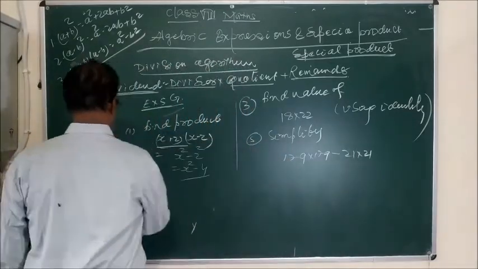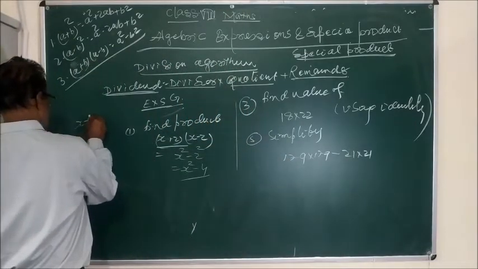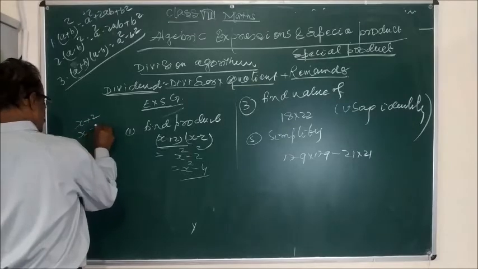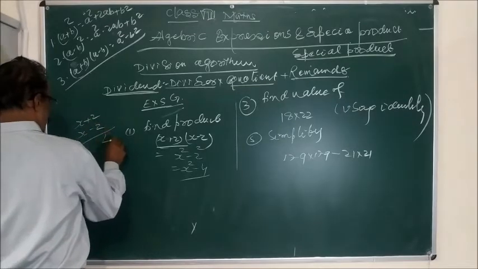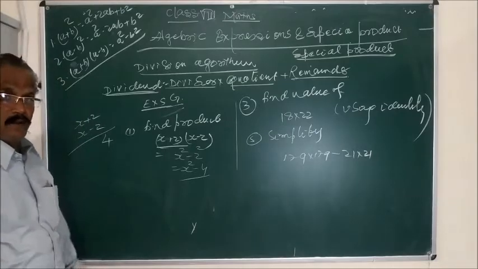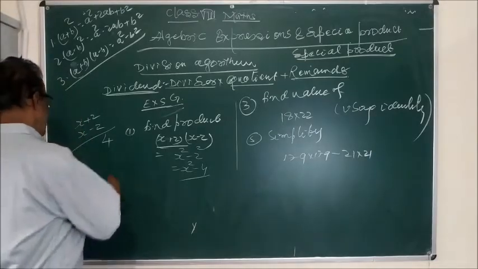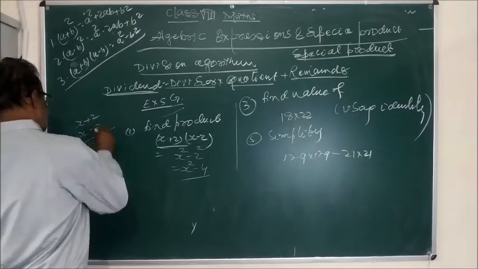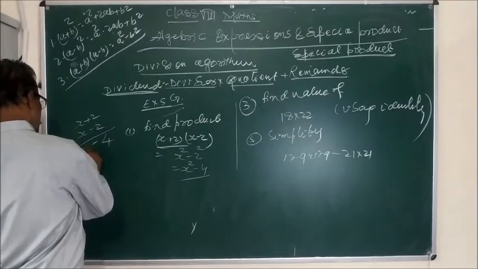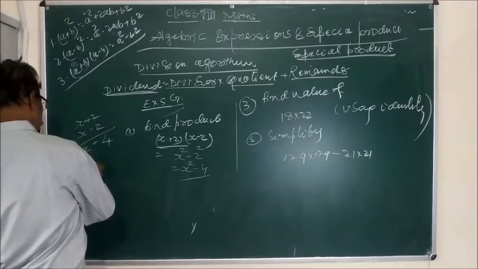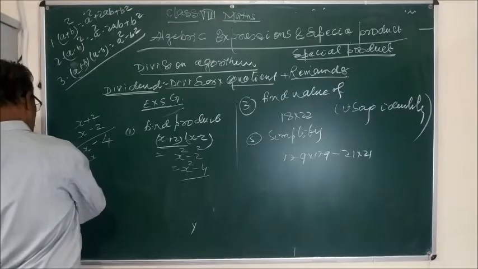So if you multiply by column method like this, x plus 2, x minus 2, 2 into 2, 4. I have already explained what is the rule of sign. Minus plus minus, opposite sign minus, minus 2 into x, minus 2x. And this will be plus 2x. And this will be x into x, x square.